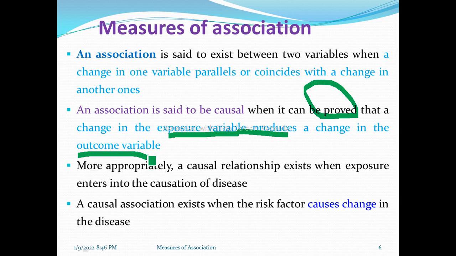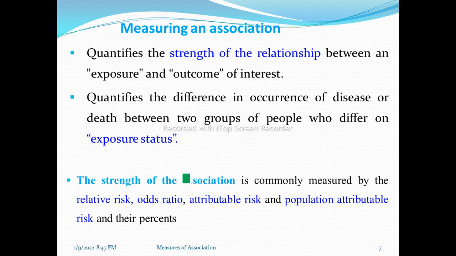If it is proved, we can say the association is causal. More appropriately, a causal relationship exists when exposure enters into causation of disease. A causal association exists when a risk factor causes change in the disease. So this is causal.